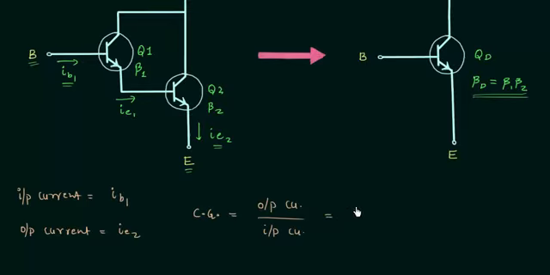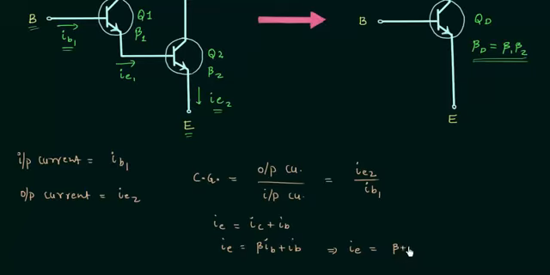This means the current gain is equal to IE2 divided by IB1, and we already know the emitter current is equal to the sum of collector current and base current. The collector current is equal to beta times IB, and we are talking about the general case. So IE is equal to beta plus 1 times IB.